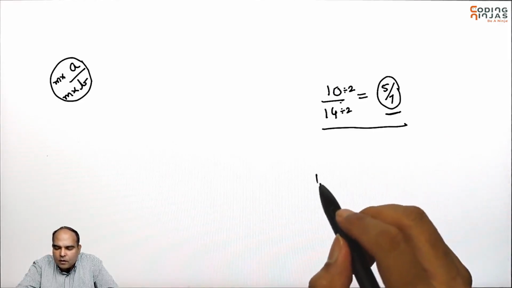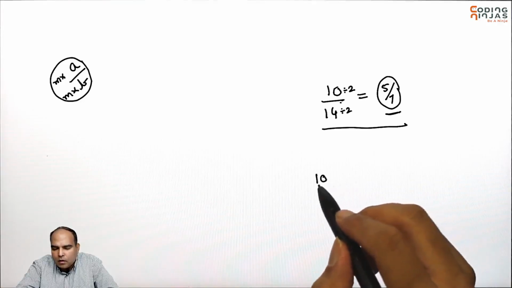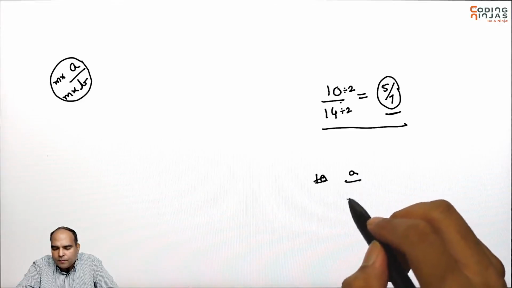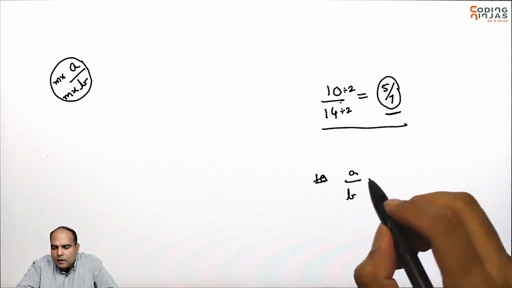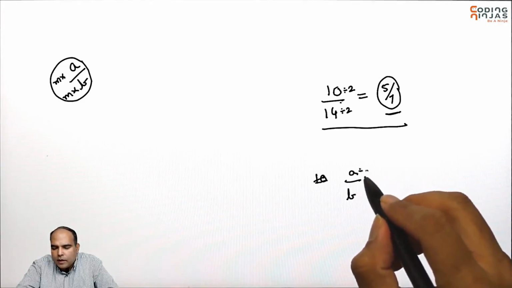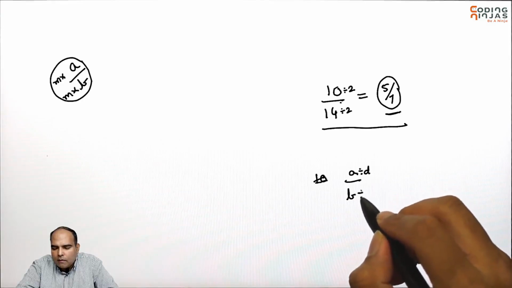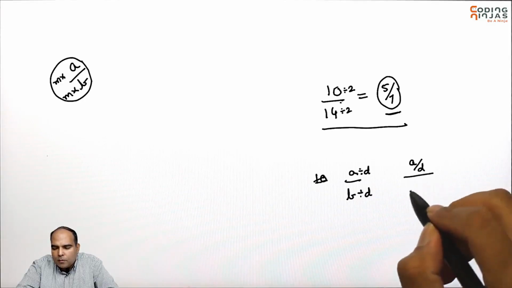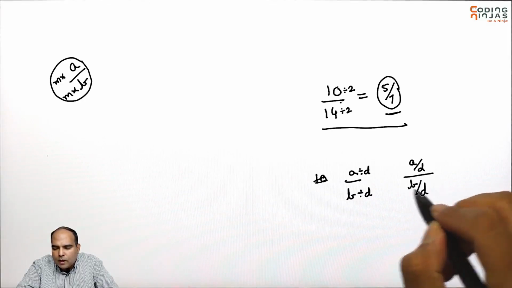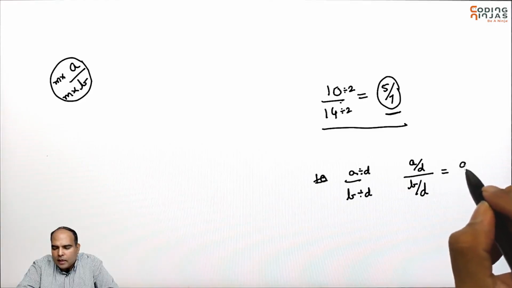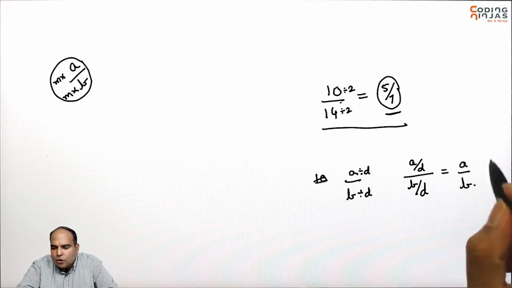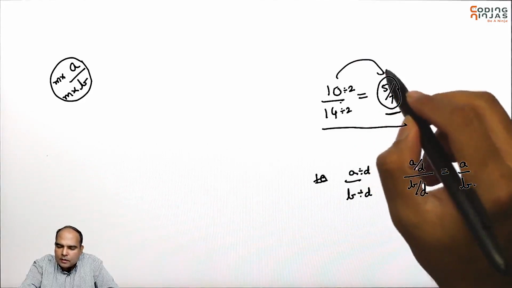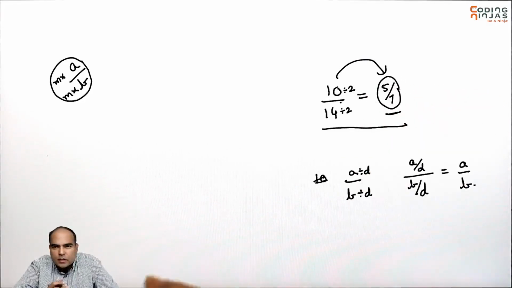So if I have a by b, and I divide this by d and that by d, I get a ratio of a by d upon b by d, and this value will be the same as a by b as a ratio, right? So this is the starting basics of ratios.